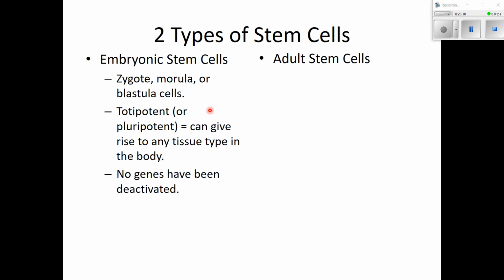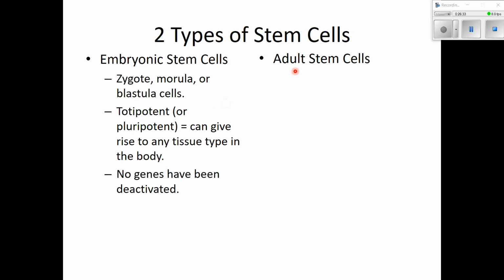But once the germ layers are formed, and you get to the gastrula stage, and you have a distinct endoderm, ectoderm, mesoderm, from that point on, the only stem cells in that embryo, in that organism, are called adult stem cells.